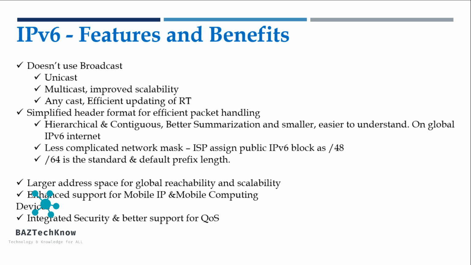The bigger the header, the more time a router requires to process, because whenever a packet is received by the router, initially it has a header, and then the data, for example a header of 10 bytes and then data of 100 bytes. The more time consumed on these 10 bytes will be subtracted from the processing time for the traffic. So if IPv6 has fewer fields and a simpler header, it will be processed very fast.